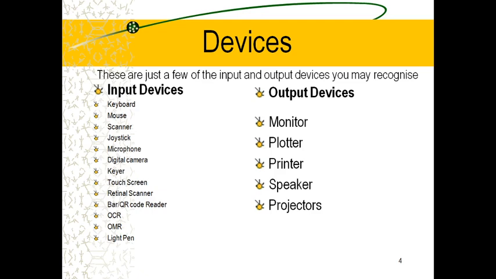And the next one is the light pen. It is just like a normal pen, but at the tip of the pen it has a small light. With the help of the light we can write on a surface. After writing, what you have written on that particular surface is shown on the monitor.